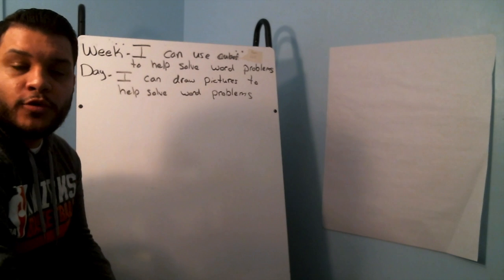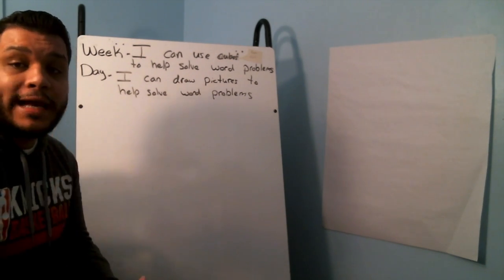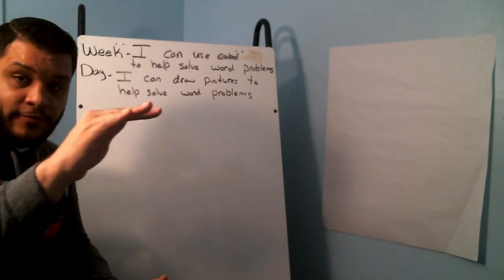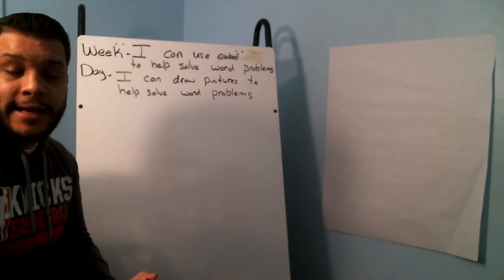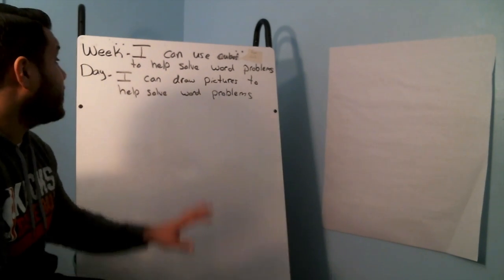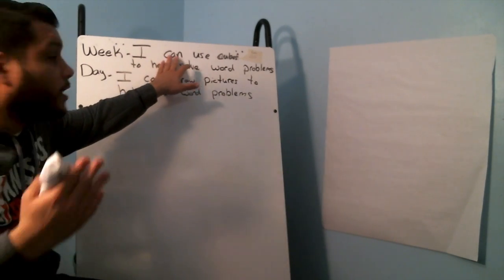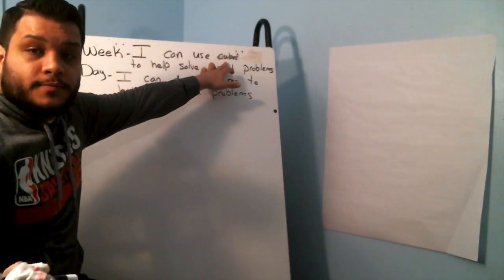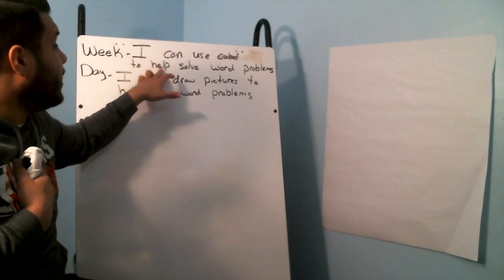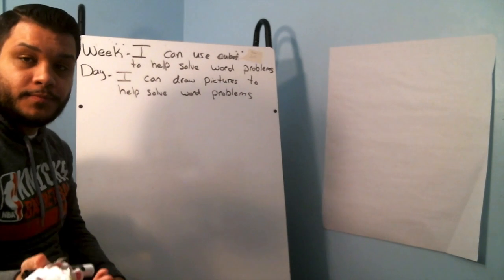As I mentioned before, this week we are going to have two I can statements. One I can statement is going to be the same for the whole week, and the other I can statement will change daily. Our weekly I can statement is, repeat after me, I can use cubes to help solve word problems.